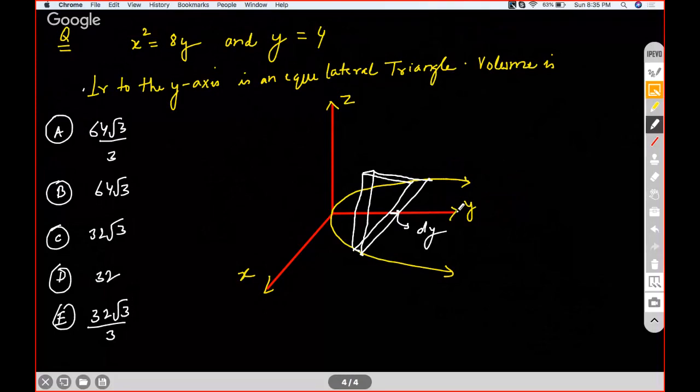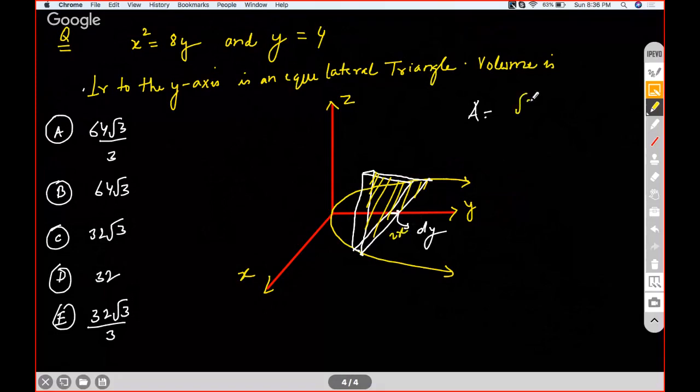So first tell me the expression for A. What would be this surface area? Root 3 by 4 a square. So what is A? Root 3 by 4 of 2x whole square, which is root 3 x square.